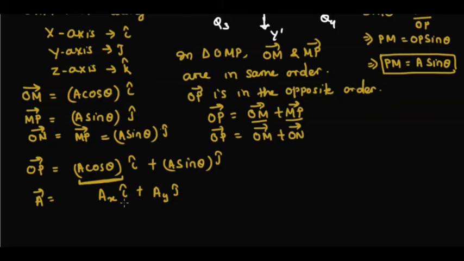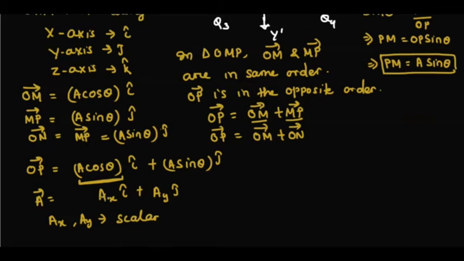Is that clear? So Ax means the magnitude of the x component and Ay means the magnitude of the y component. And remember that Ax and Ay are scalar quantities, and when we give the i cap or j cap, they become vectors. But Ax is only the magnitude, Ay is only the magnitude.